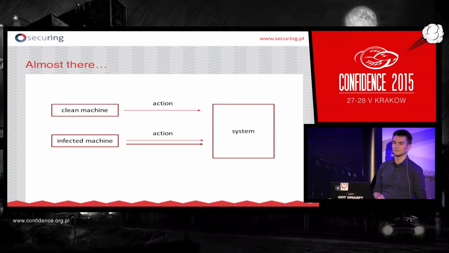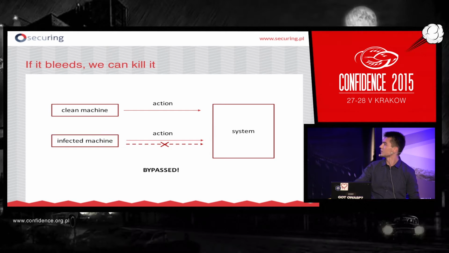Anybody else? Yeah, hide, like cut. So just disable this, delete this HTTP request, and actually, like if it bleeds, we can kill it. So we just, for example, change DNS of this subdomain, or just cut the HTTP request. We can do this in JavaScript, no problem.